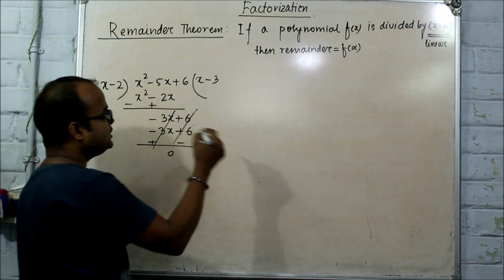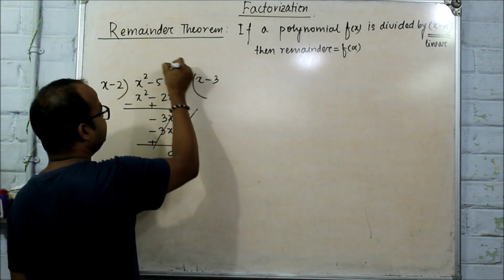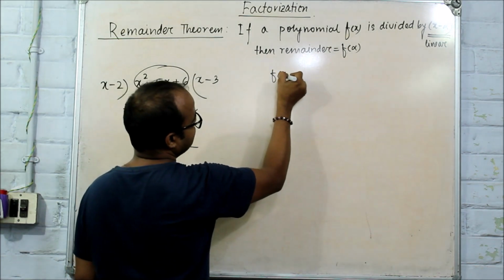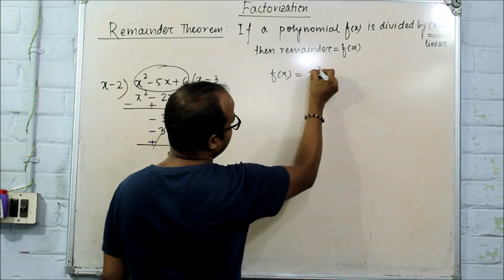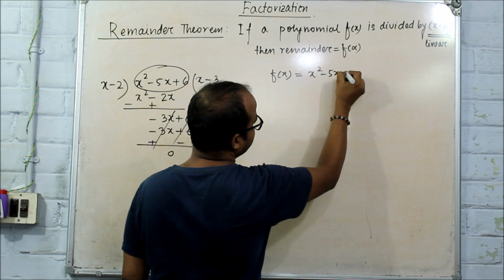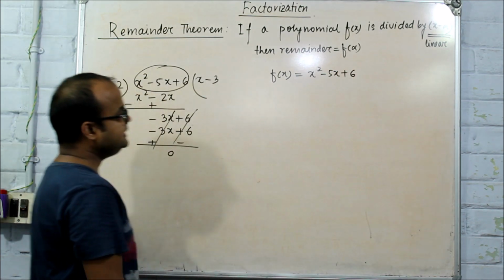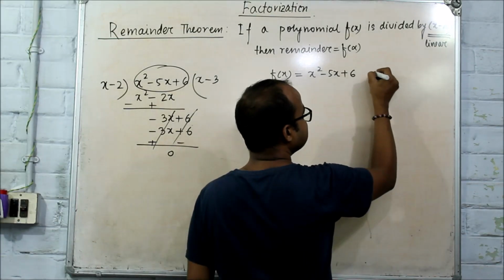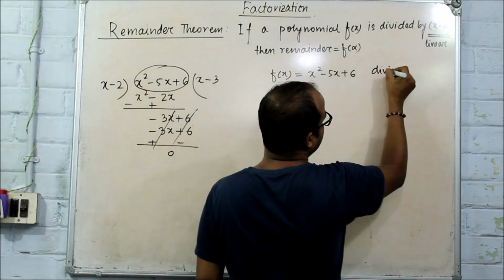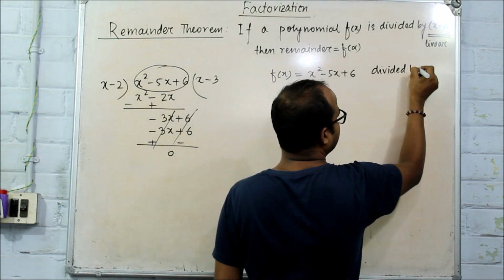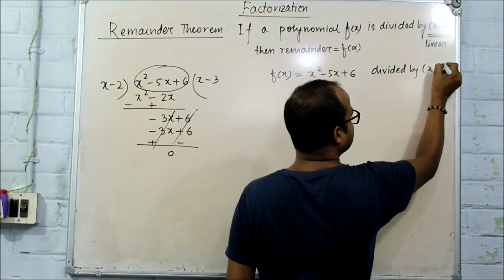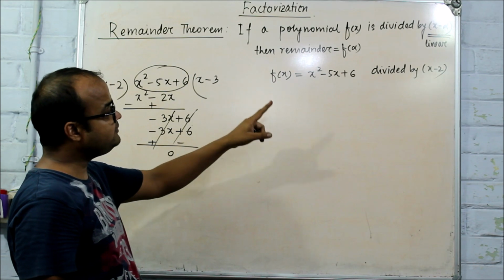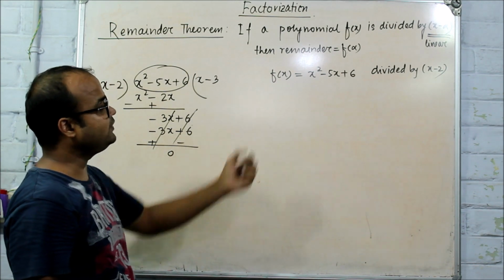Now this theorem says here x square minus 5x plus 6 is equal to f(x), and it is divided by x minus 2. Then the theorem says the remainder will be given by f(alpha).